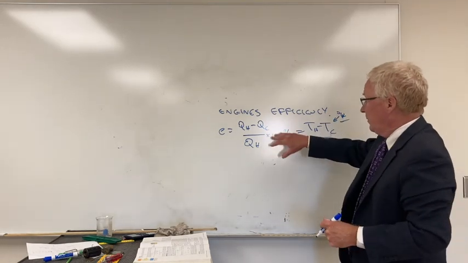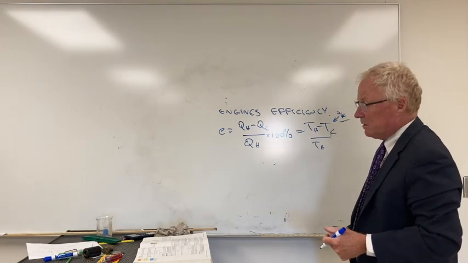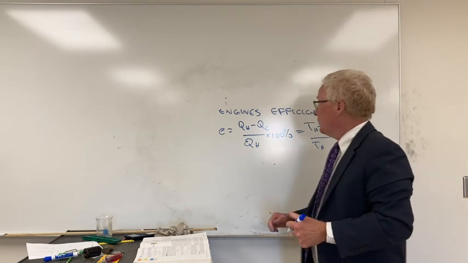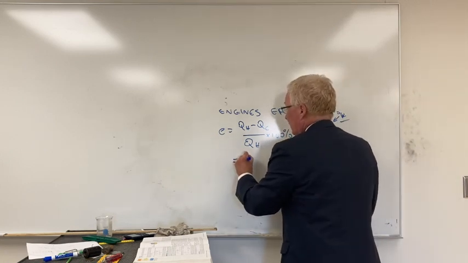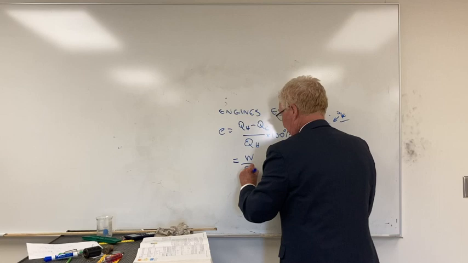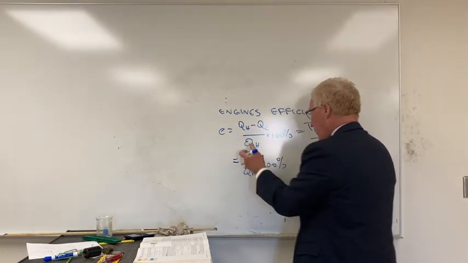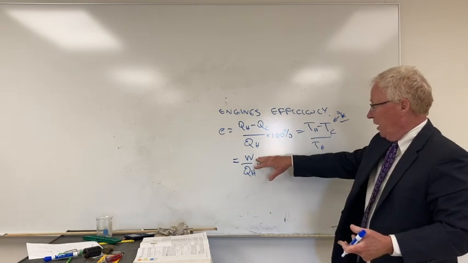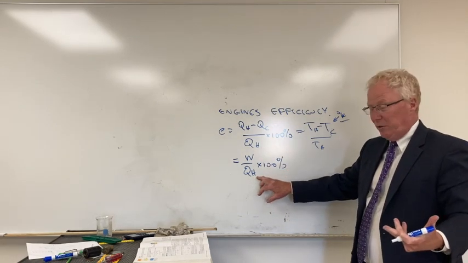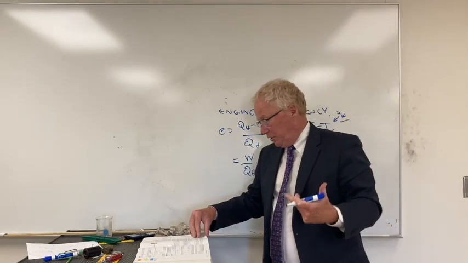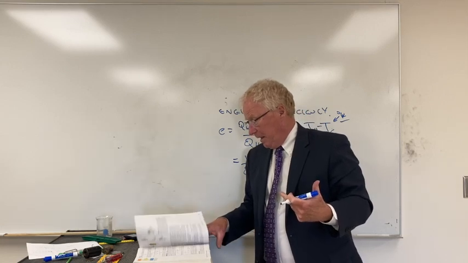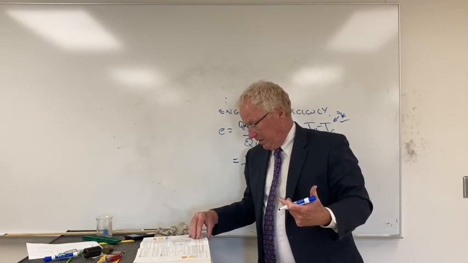Basically, this is also W over Q hot times 100. So the work done divided by how much energy you put in to do that. So that's engines and efficiency.